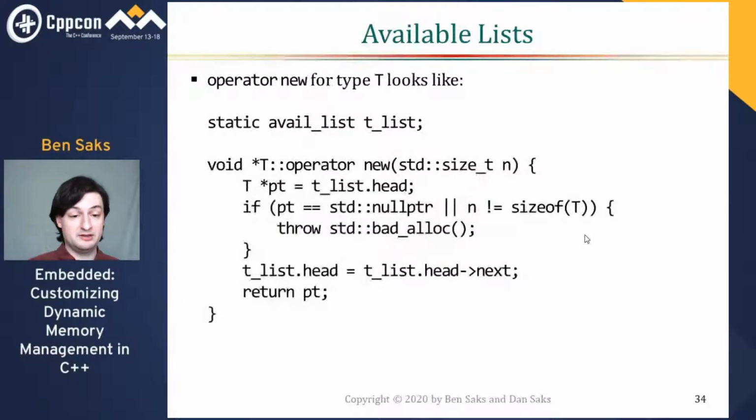And so if we use this to implement an operator new for a type T, it might look something like this. We'd have the avail list declared as a static object. It's called T list here. What operator new would do is look at the head of the list of available blocks and check if that pointer is null, meaning there are no available blocks, or, and this is just a safety check, to make sure that we're not allocating an object of the wrong size somehow.